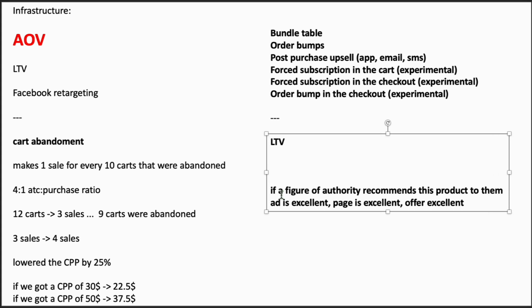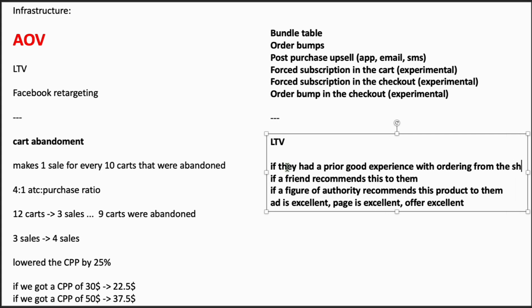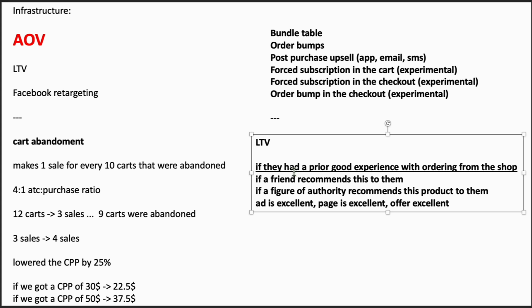Something that's even better is if a friend recommends this to them, right? A friend that they trust. And then the most influential thing for somebody to buy is if they had a prior good experience with ordering from the shop. This is the most significant element that influences somebody to buy. More important than those things, right?